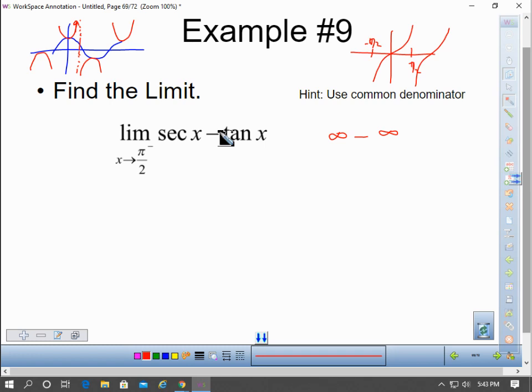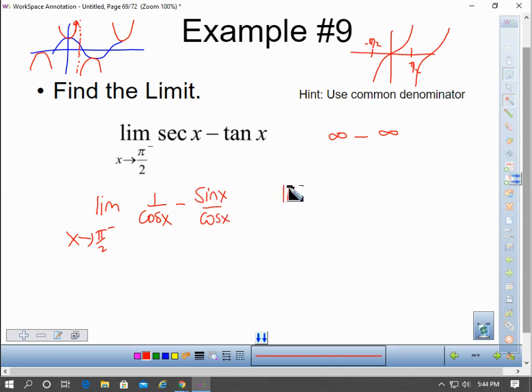So that's a difference, an indeterminate difference. So how did they tell us to do it? They told us different things to do for a difference. Well, one thing you can do is use a common denominator. So think about what these two guys are as fractions: the secant is 1 over cosine, and tangent is sine over cosine.